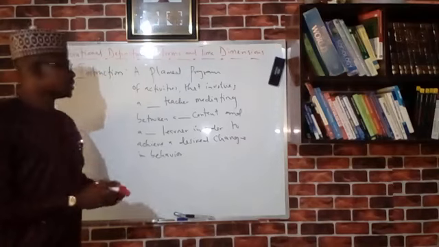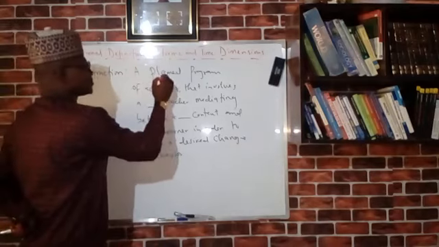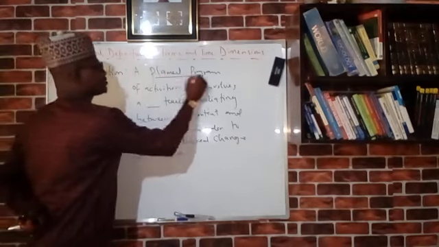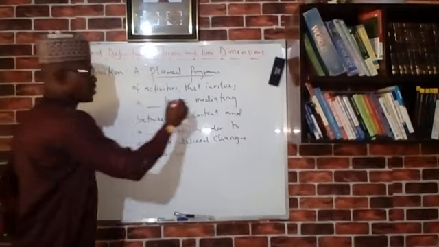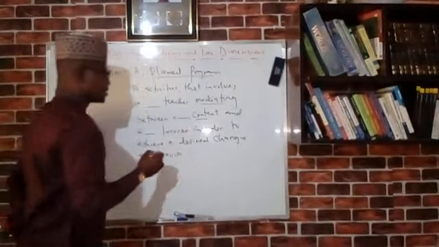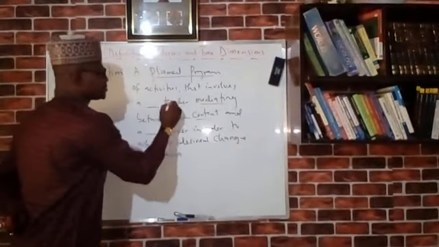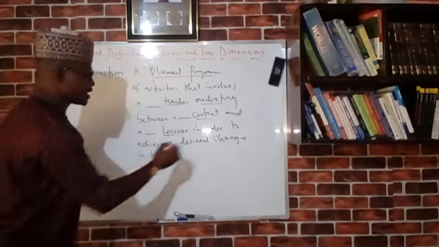So the key words or key phrases to note must be a plan, program. Yes, we must underline mediating, we must underline content, we must underline the learner, and we must underline change.